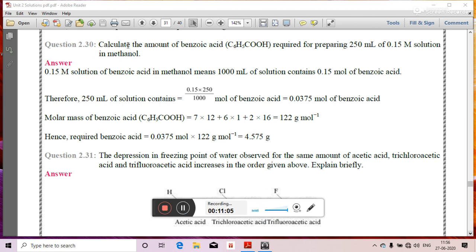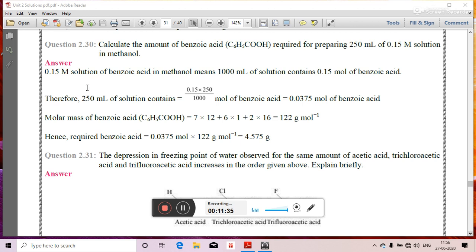Question number 30. Calculate the amount of benzoic acid, C6H5COOH, required for preparing 250 ml of 0.15 molar solution in methanol. Now here, 0.15 molar solution of benzoic acid in methanol means 1000 ml of solution contains 0.15 moles of benzoic acid.